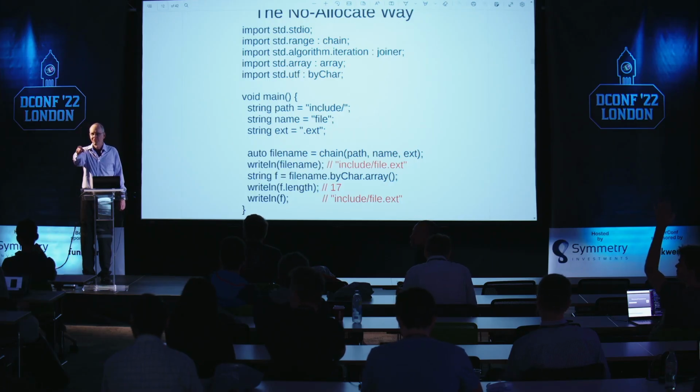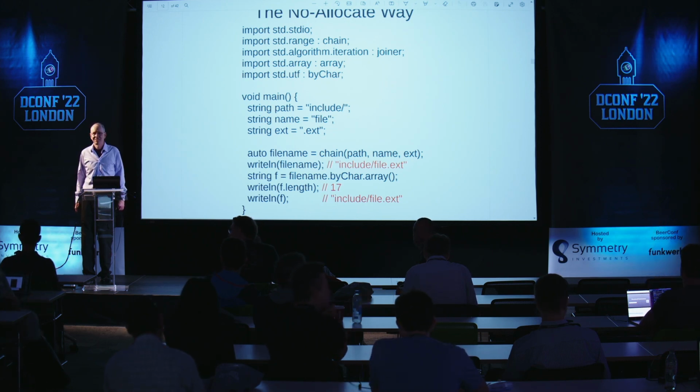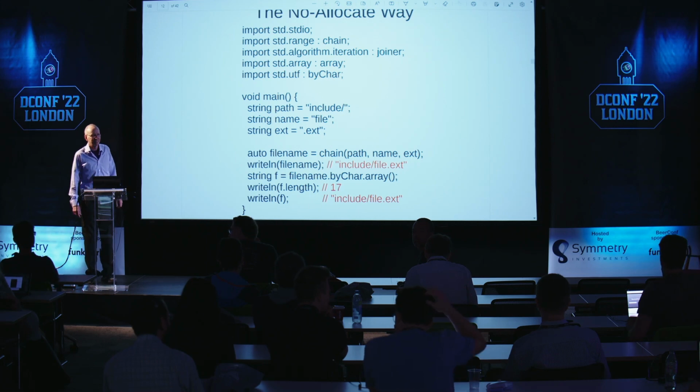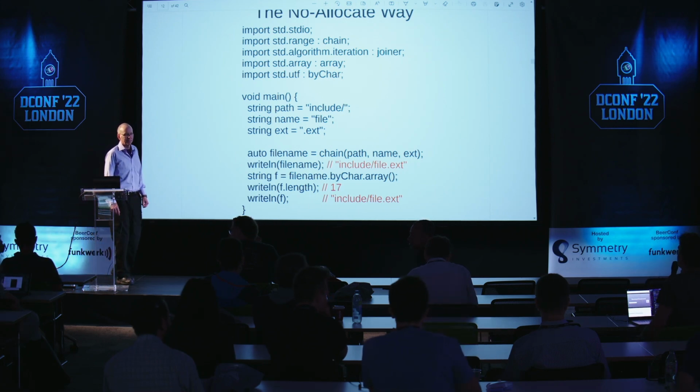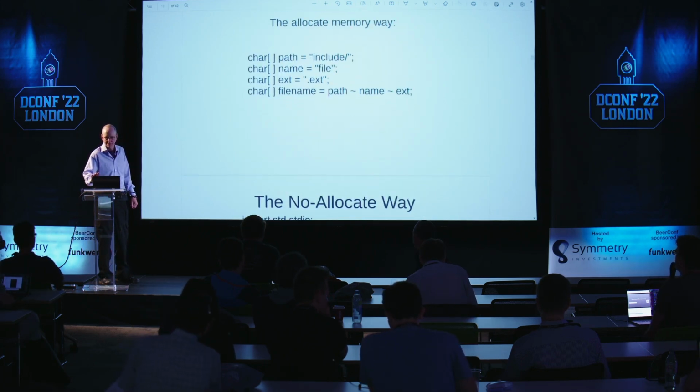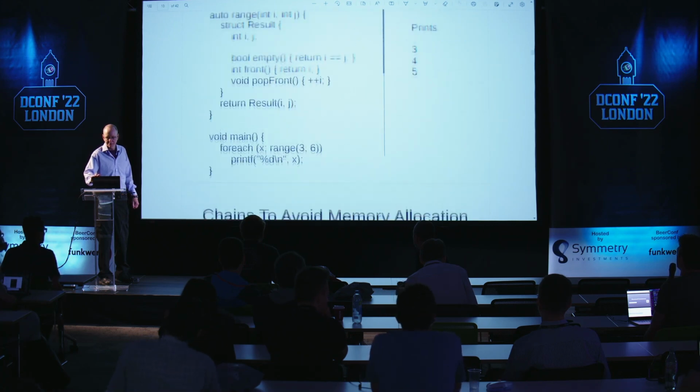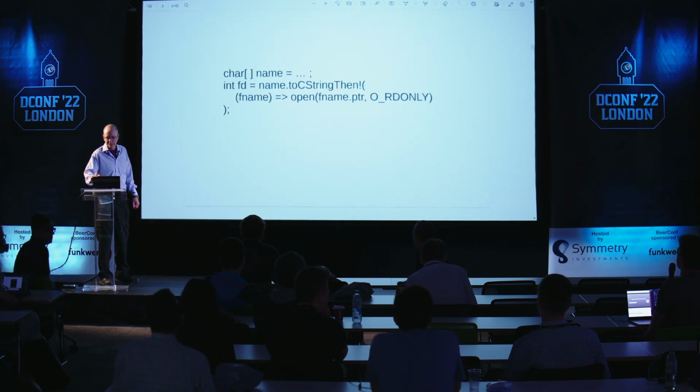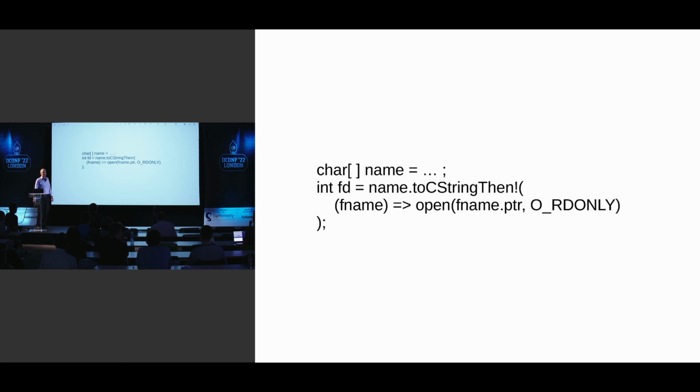All right, cool. Should we do one more? Yeah, it's going to be really quick though. I think it was a slide back or something about the toCStringThen function. Oh, toCStringThen. Exactly. Could it have also worked if you used named value return optimization?